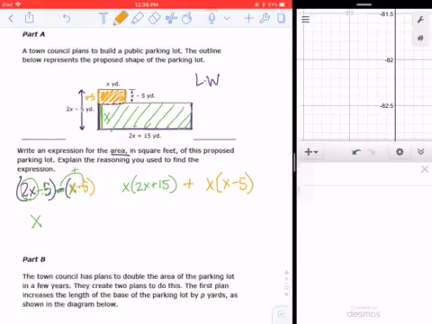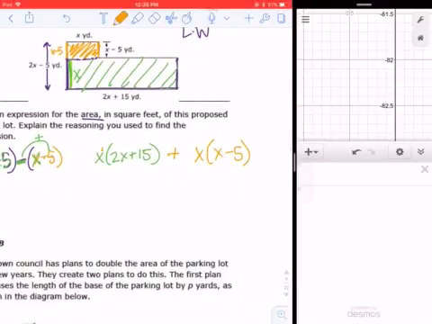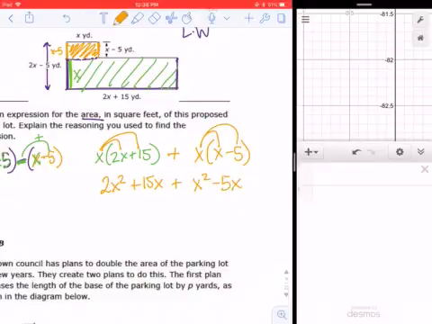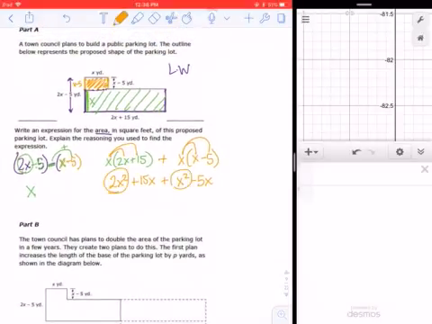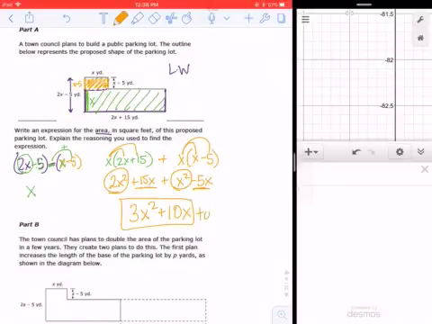So x times 2x is 2x squared, plus x times 15 is 15x, plus x times x is x squared, x times negative 5 is negative 5x. When I put these together, that's 3x squared, and 15x minus 5x is positive 10x. This would be my total area.